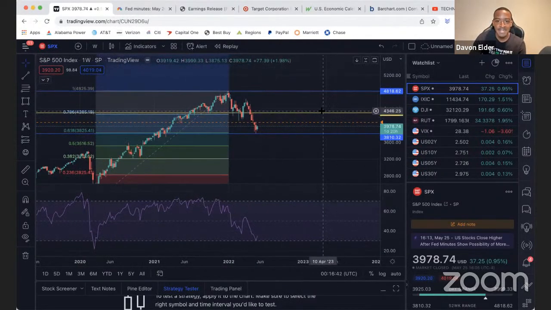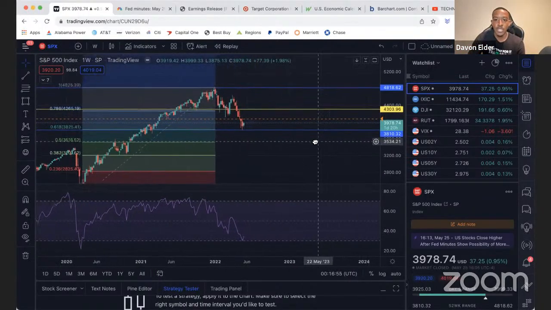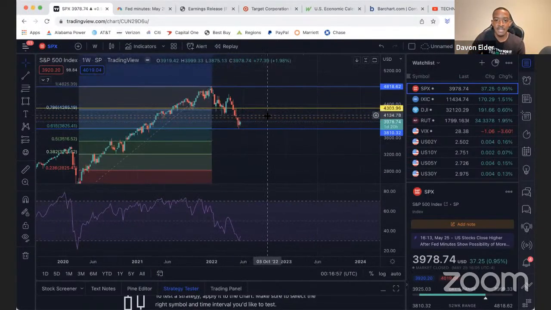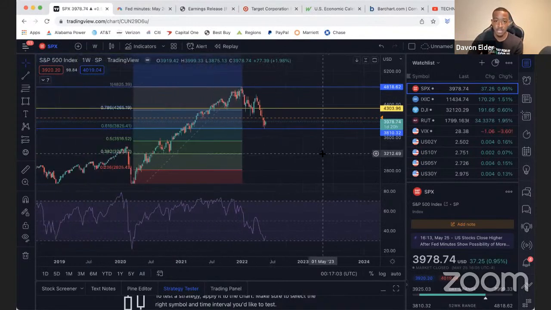If we can break past that level, we'll continue to move higher. But I do believe it's a possibility that we could have a summer rally where the S&P 500 comes up to 4,300, and we could potentially bounce off of that and retrace back down to retest the year-to-date low. I think that's a possibility.